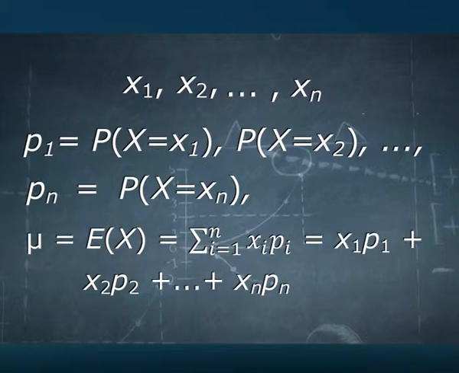So this is equal to x1 times p1 plus x2 times p2 plus so on, xn times pn.